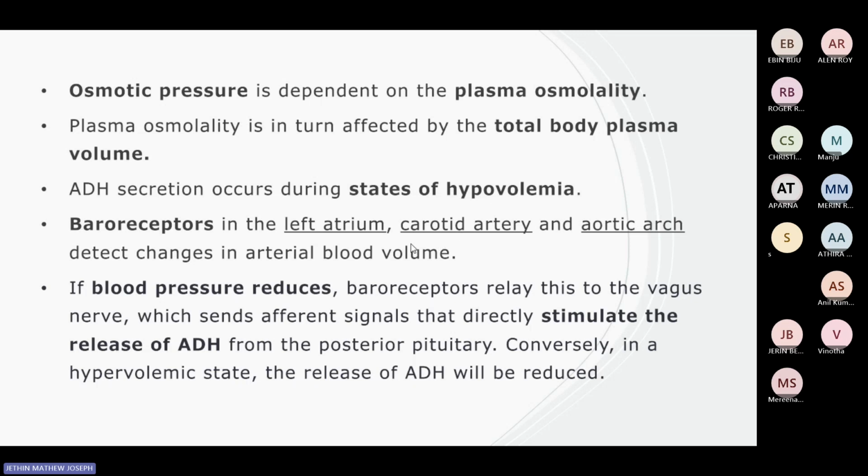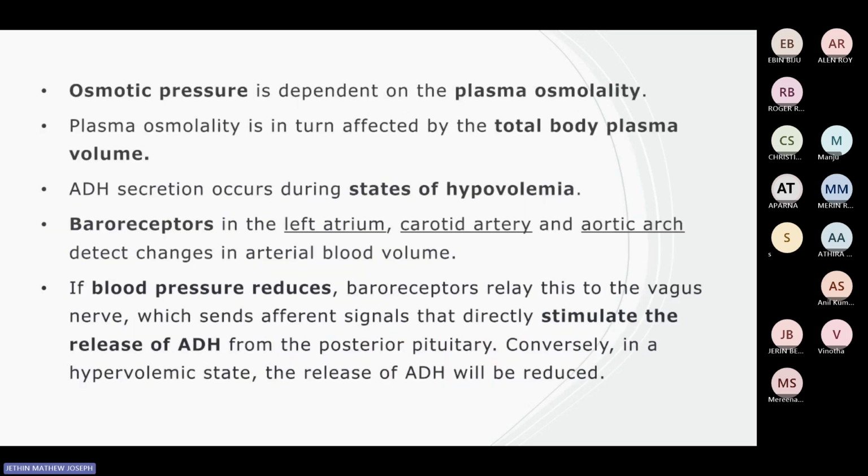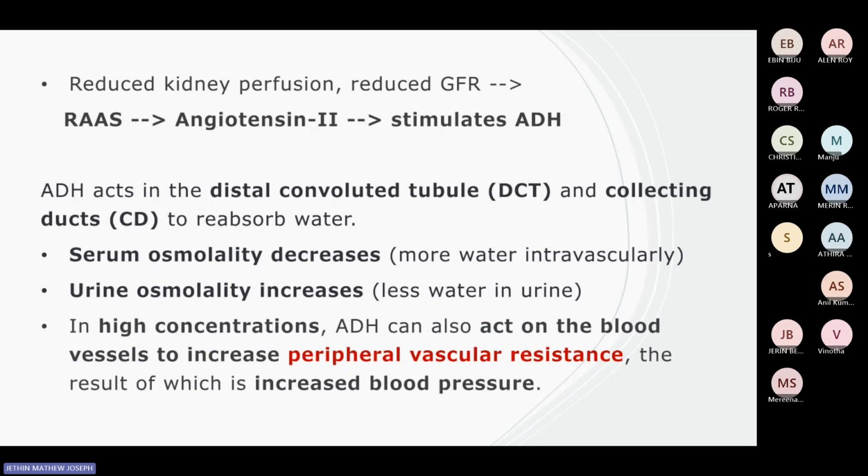The baroreceptors in the left atrium, carotid artery, and the aortic arch can detect changes in the arterial blood volume. If the blood pressure reduces, the baroreceptors will relay this information to the hypothalamus, and this can also stimulate release of ADH. So the bottom line is that states of hypovolemia can generally increase ADH secretion. Another thing is that when there is hypovolemia, there is reduced kidney perfusion.